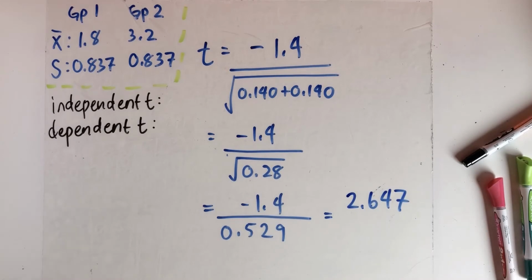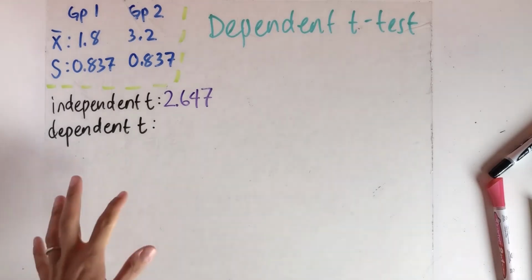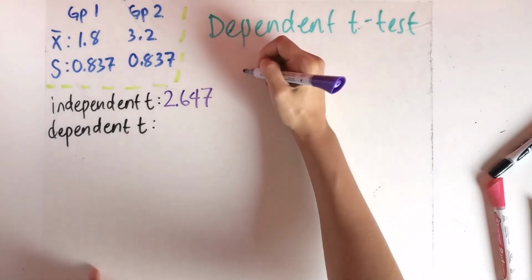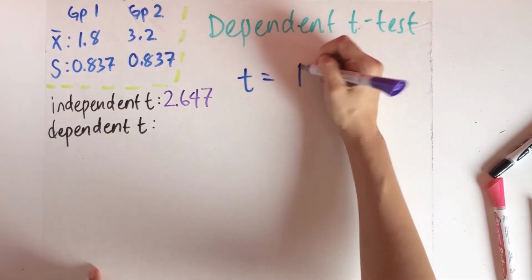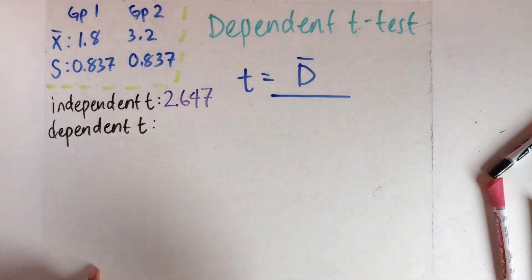So that's our t-value. Now we'd like to compute the dependent t-test with the same data that we're using, just under the interpretation that the data are paired. The first thing we might want to do is take a look at the formula for the t-test for paired data. What that looks like is a little different.